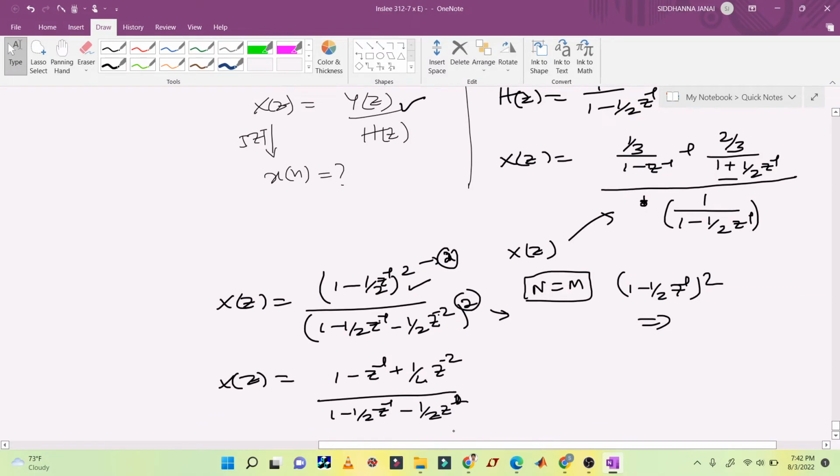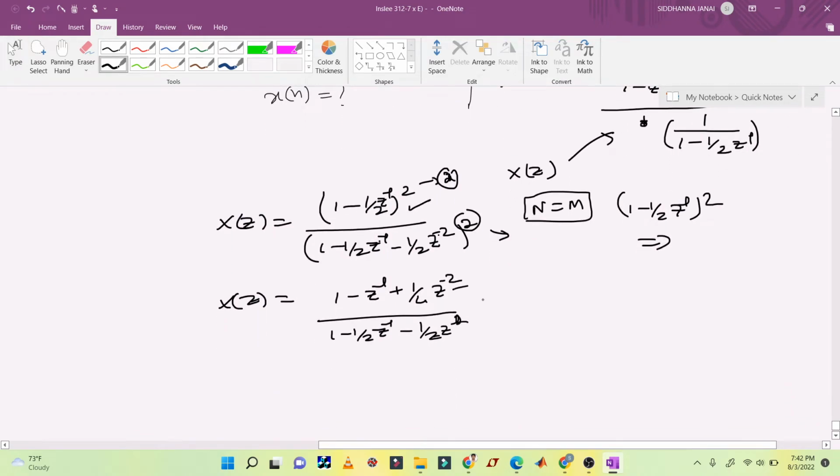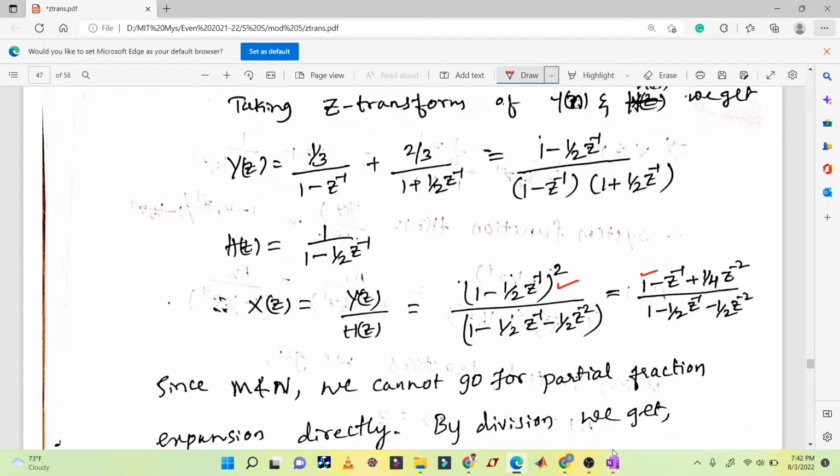Okay, so this is our equation. After expanding, here we know that there are two zeros and two poles, and hence we cannot apply the partial fractions directly. We have to use the long division method, so as to get this sequence.